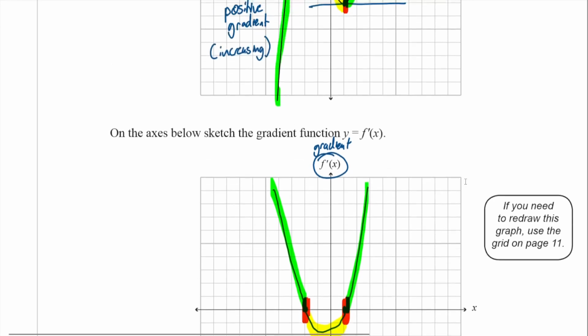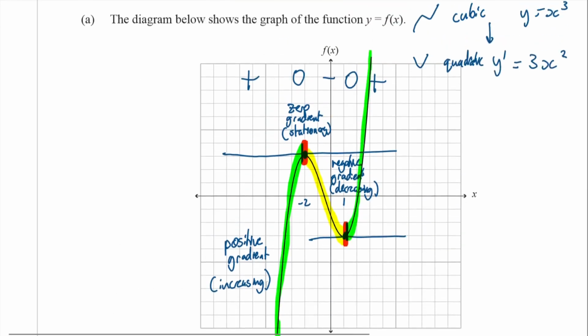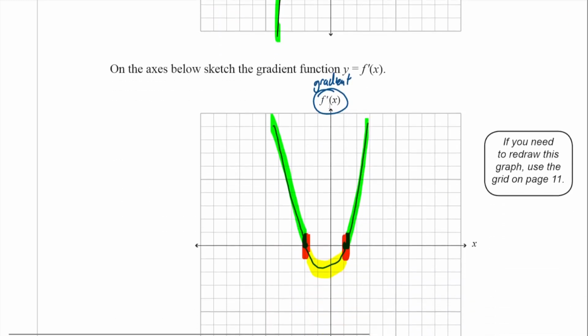So, in summary, we look at the graph and acknowledge it's a cubic, so we know the derivative, right, the gradient function, will be a quadratic. We look for the turning points, and we know at the turning points, on our gradient function, those will be the x-intercepts, because on the y-axis is the gradient, so when the gradient is 0, x is 1, or x is -2.